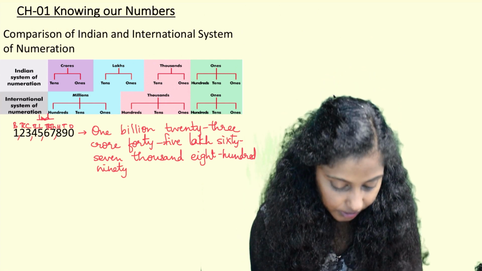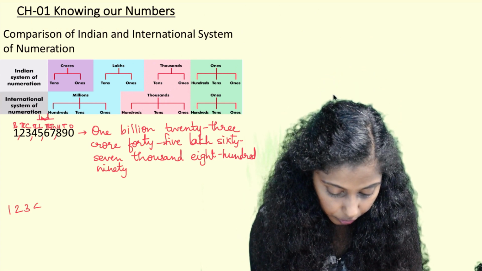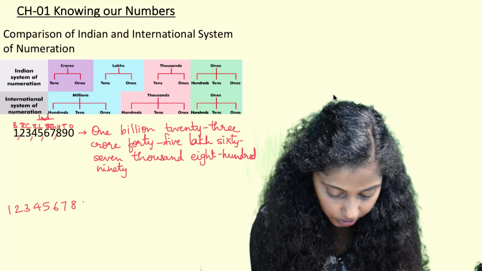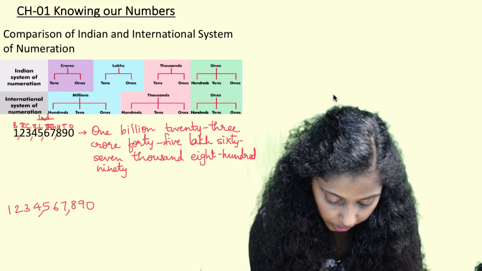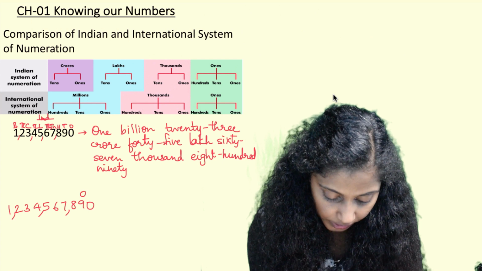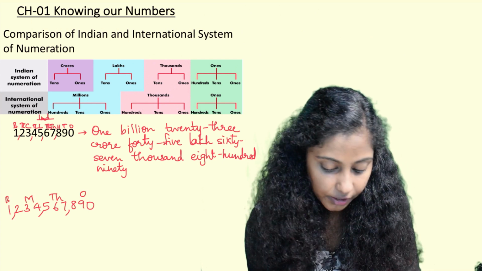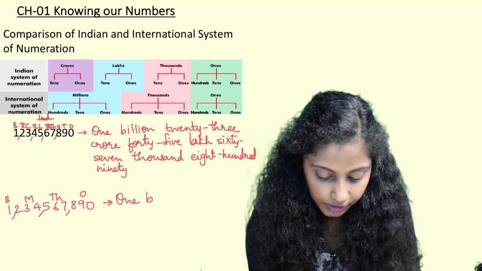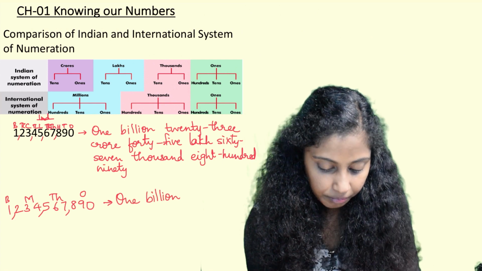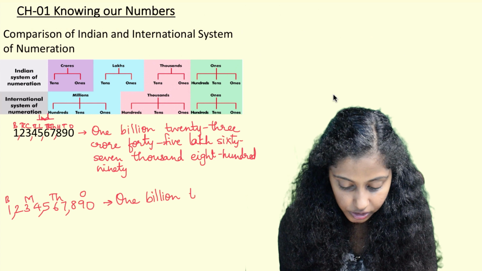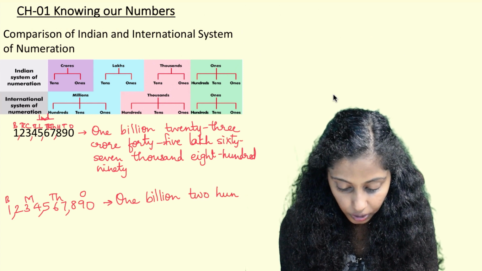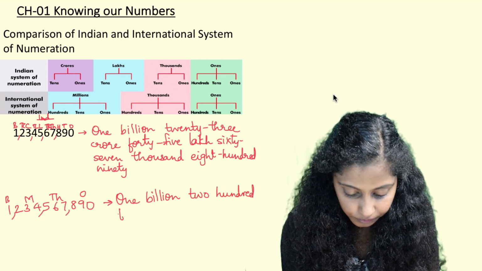Now we'll write the same number, putting commas in the International System of Numeration. Groups of 3, 3 and 3: ones group, thousand group, million group, and this is billion. So we write 1 billion. Then in millions we have 2, 3, 4, hundreds, tens and ones, so 234 million.